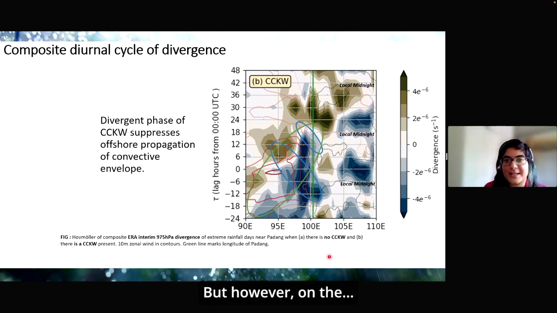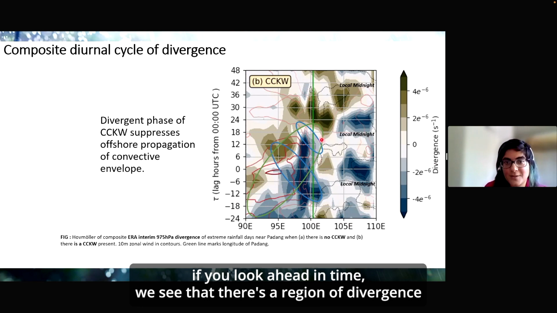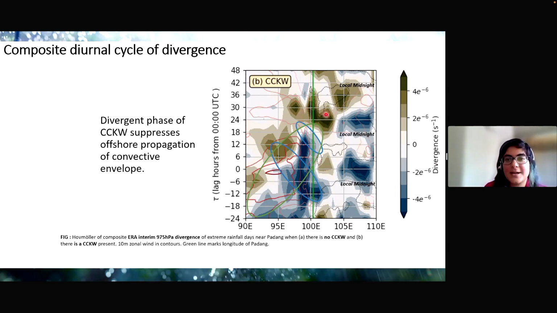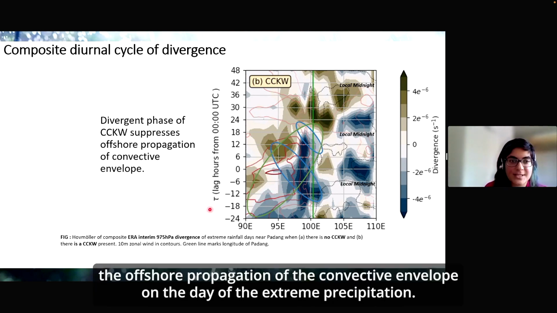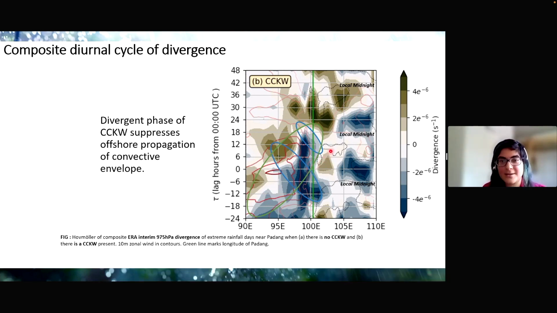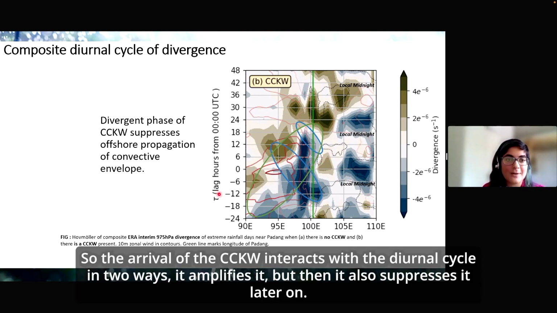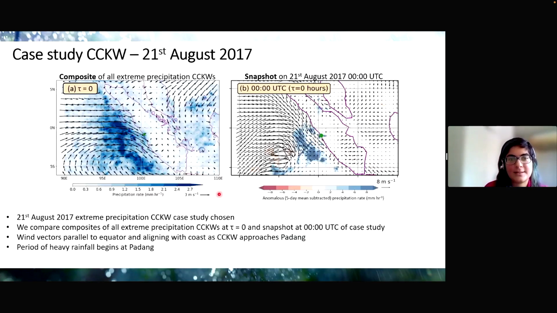However, if you look ahead in time, we see that there's a region of divergence. And this is what suppresses the offshore propagation of the convective envelope on the day of the extreme precipitation. So the arrival of the CCKW interacts with the diurnal cycle in two ways. It amplifies it, but then it also suppresses it later on.